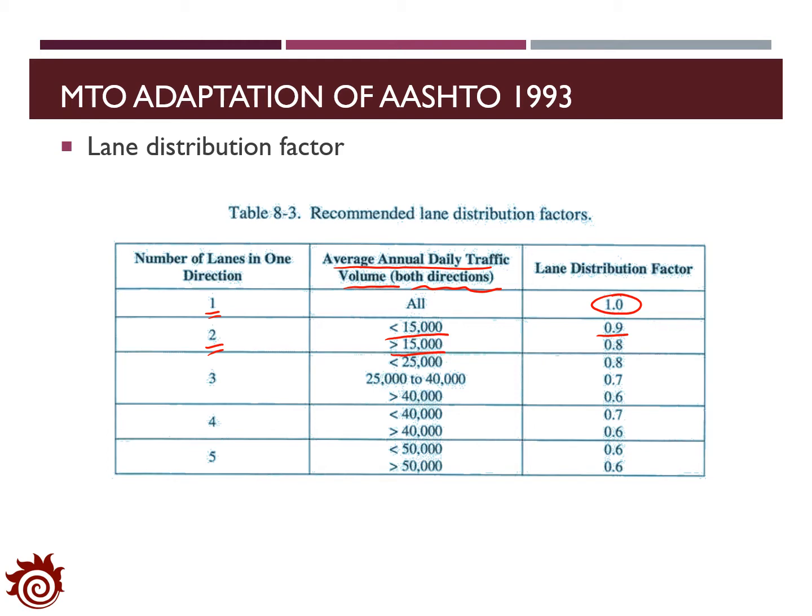If it's higher than 15,000, then the factor is set as 80%. You can find out the settings for the other numbers of lanes and levels of the ADT. Basically, with higher volumes and a higher number of lanes in one direction, the lane distribution factor will be smaller.